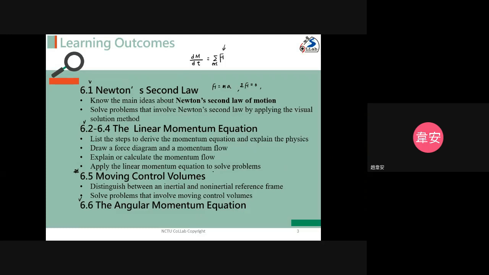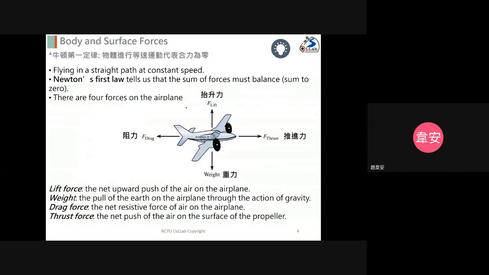Going back to Newton's first law, it tells us that when the forces are balanced, the sum of the forces is equal to 0. In that condition, the particle will move at constant speed.